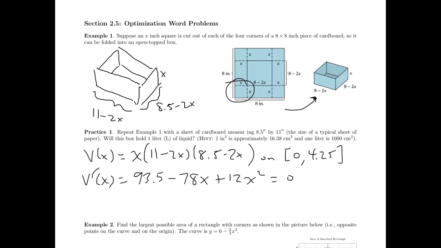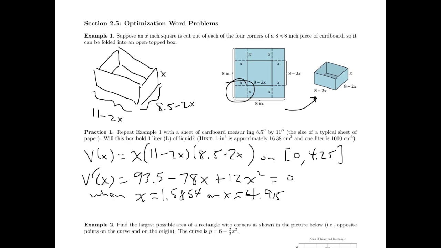And that I do not believe factors, so I just used the quadratic formula and found that this happens when x is approximately 1.5854, or x is approximately positive 4.915.